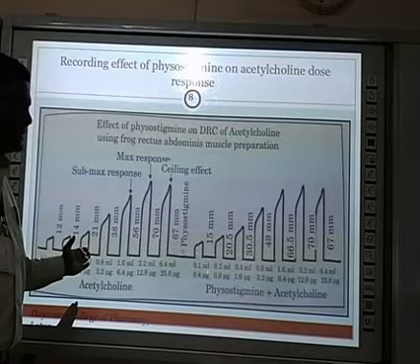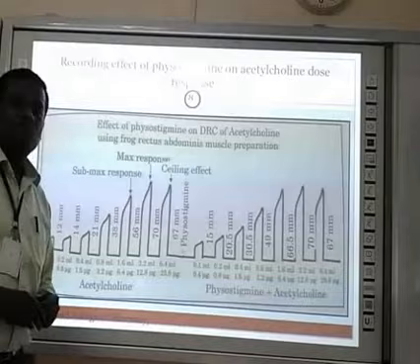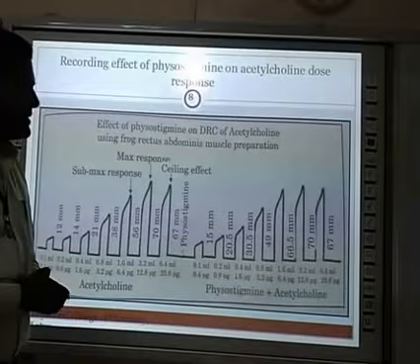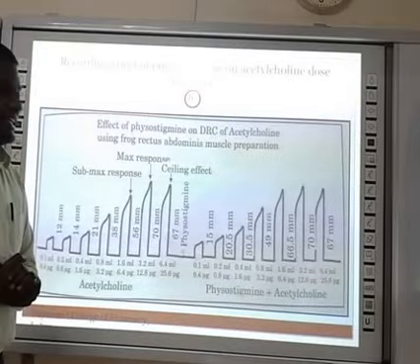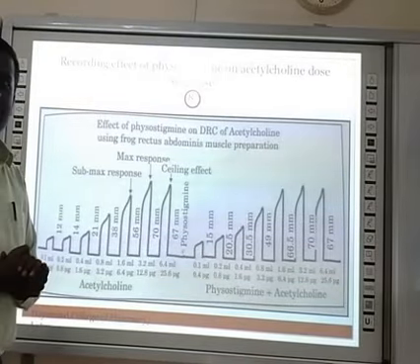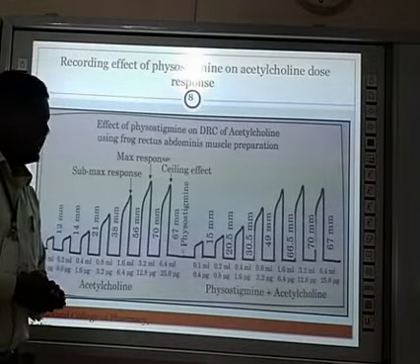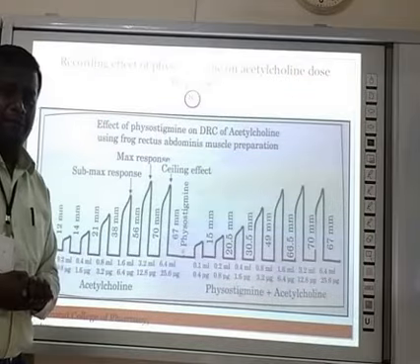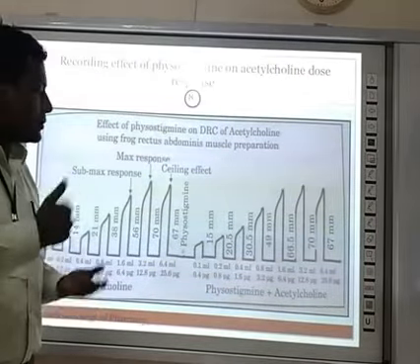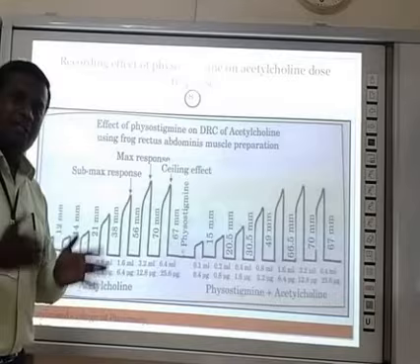After performing this, we added physostigmine to our PSS solution, which we call eserinized physiological salt solution, and irrigated the tissue for 30 minutes. After 30 minutes, we perform the same procedure.